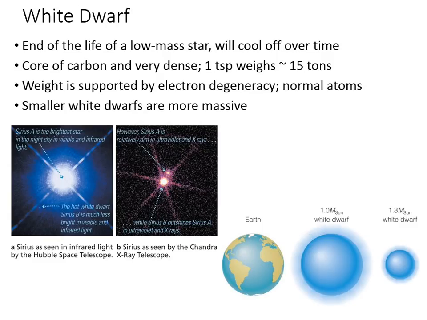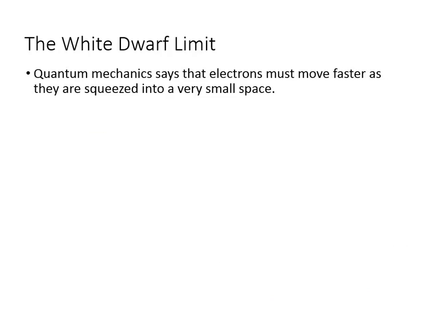I know this seems strange. The more massive it is, the electron degeneracy continues, but it just squishes down. I think that's kind of what we ran into with Jupiter and Saturn a little bit. But the white dwarf can only be a certain size, a certain mass.